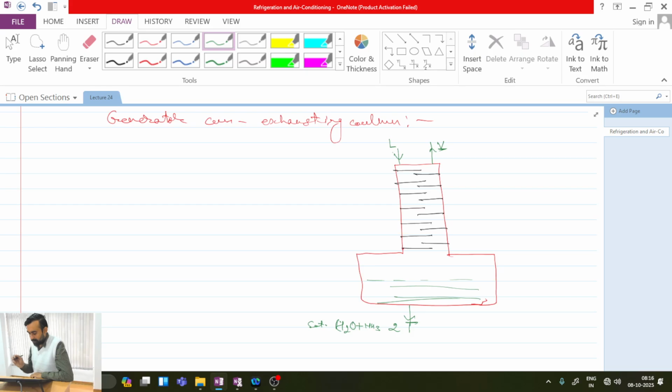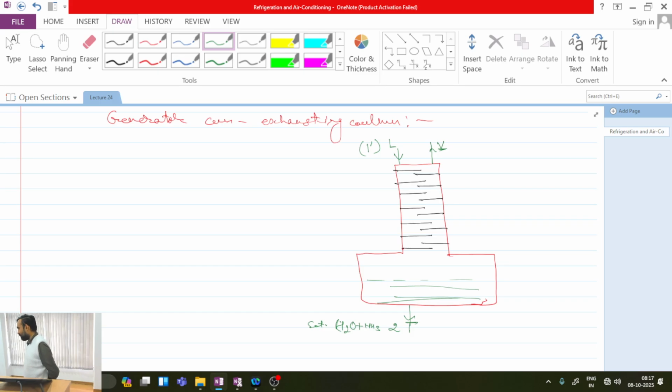So if I need to define this liquid state on the actual cycle, it will be 1 dash or 1 double dash, after the pump. If inlet to the pump is state 1, then exit of the pump, let me define as state 1 dash. Anyone is having any doubt about this?